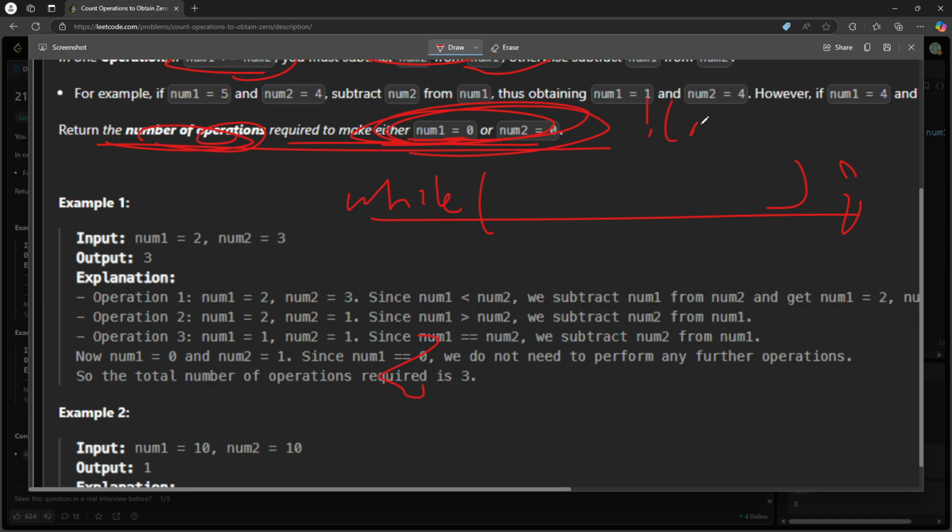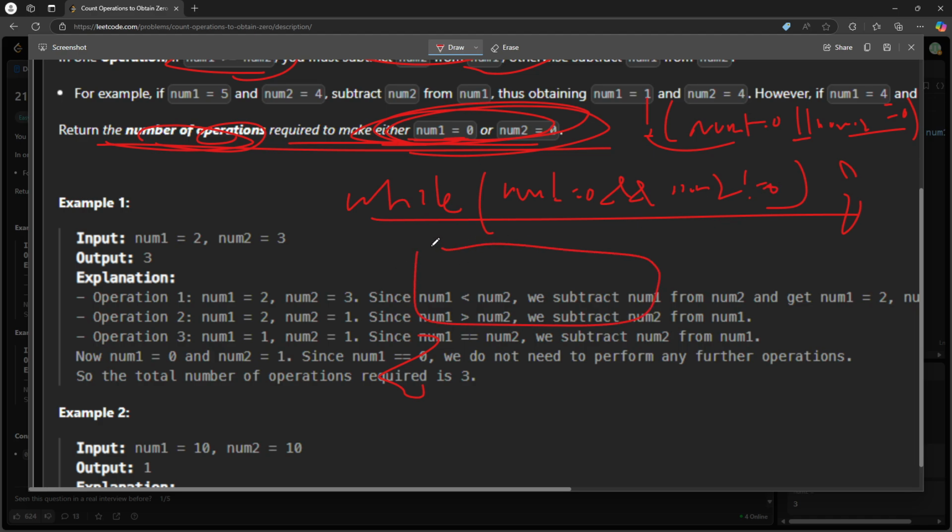The negation of nums1 equal to 0 or nums2 equal to 0. So this becomes nums1 does not equal 0, and then negating the or gives and, nums2 does not equal 0.